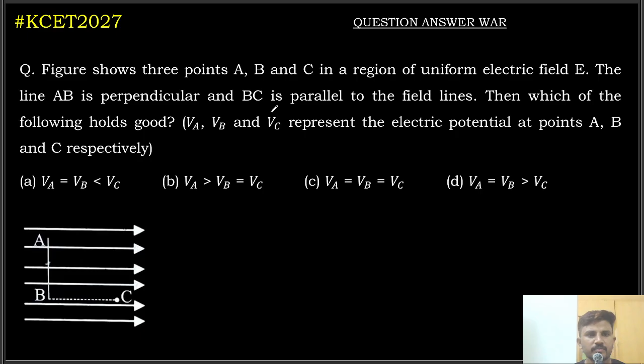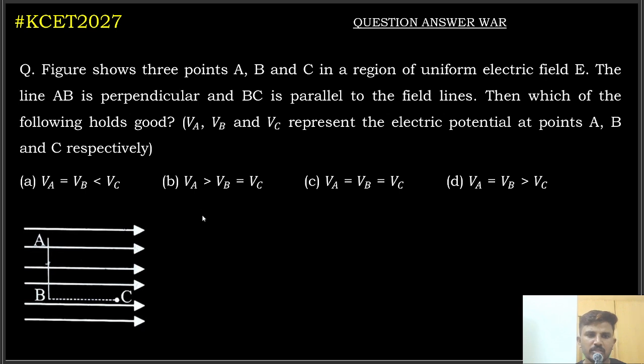Then in the figure given, so much of theory is given, so I'm just asking you directly, at A, B, C, what will be the potentials? Potential at A will be equal to potential at B. In option 1 it is there, option 2 it's not there, option 3 and option 4.